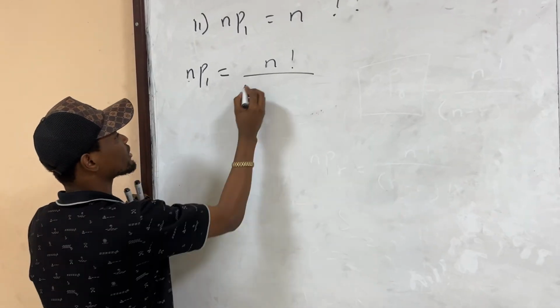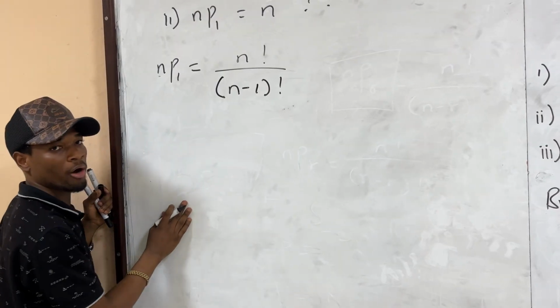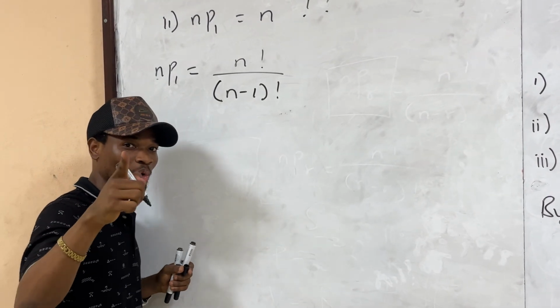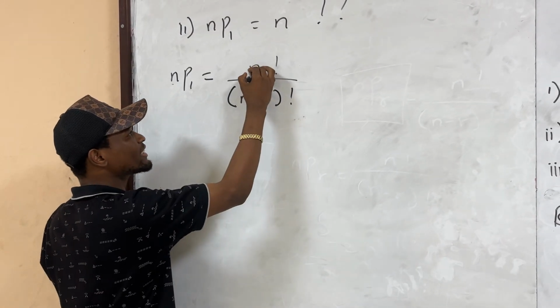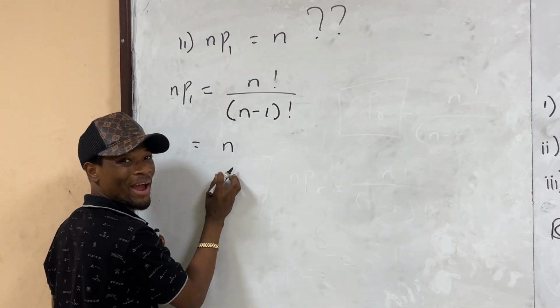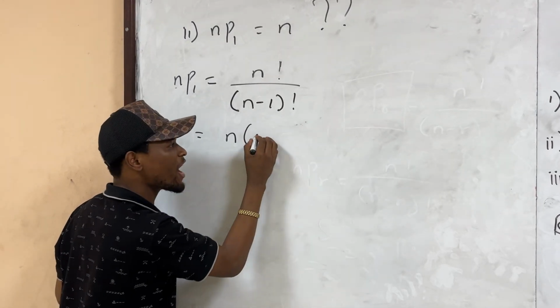So we have (n minus 1) factorial. Remember from the introduction of the factorial notation, we said this n factorial is the same as n multiplying by n minus 1, you subtract 1 from the n.